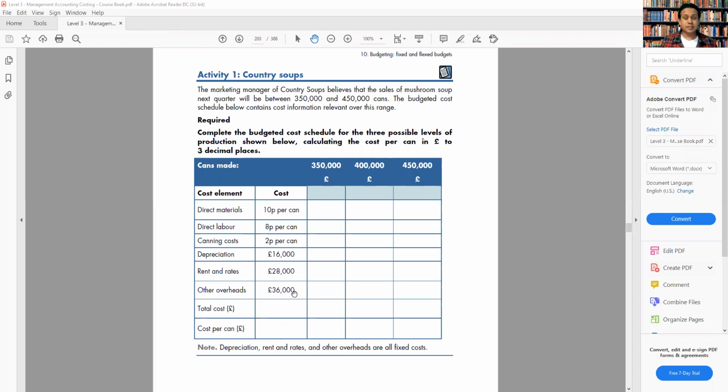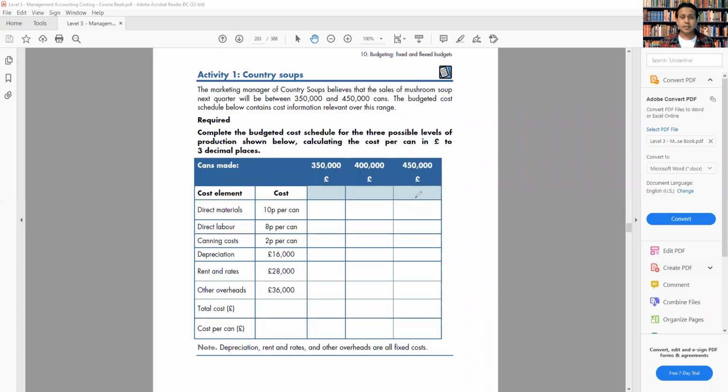Basically sometimes a company doesn't know how much the sale will be. So the company says, okay, my sale could be 5,000 units, my sale could be 7,000 units, and my sale could be 8,000 units. So I want to see the cost of all three levels.